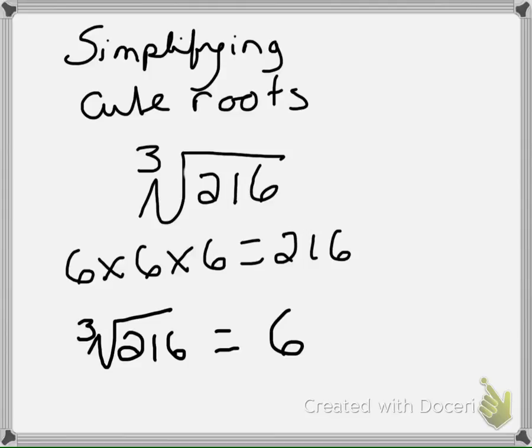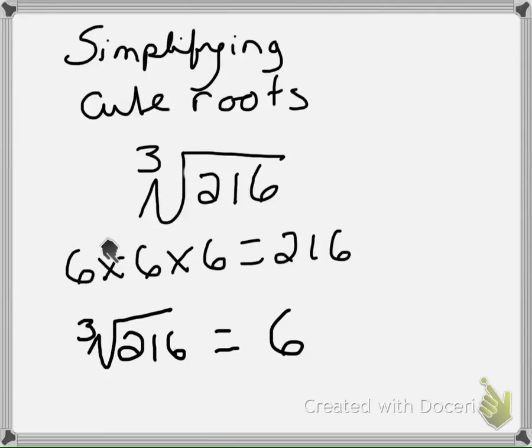Okay, a reminder about simplifying cube roots. And cube root problems look like this. They have the 3 outside instead of being blank outside. And you're trying to find what number times itself 3 times is equal to 216. Well, 6 times 6 is 36, times 6 is equal to 216, so the cube root of 216 is 6.